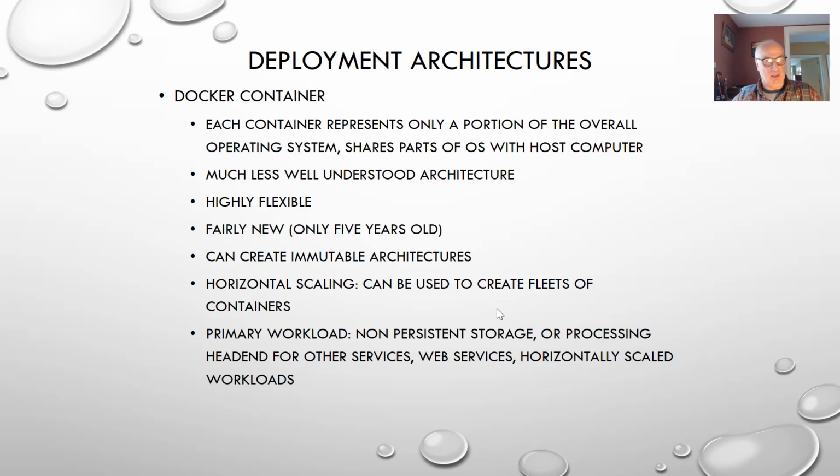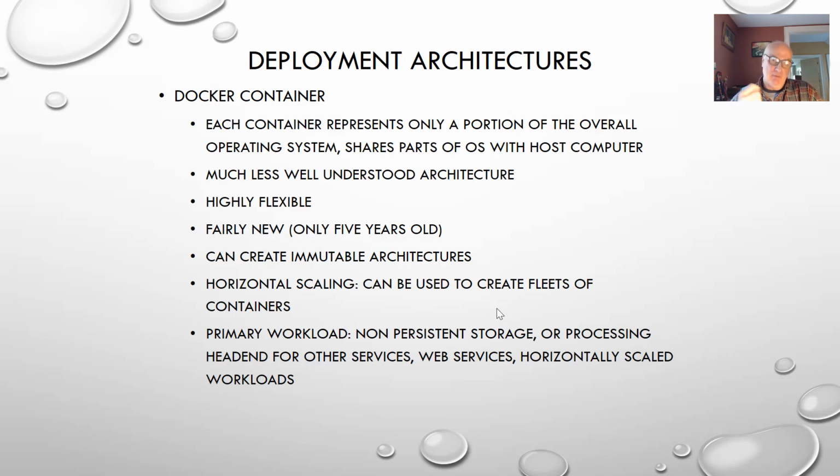So back to our network stack again. That network stack is shared by all of the containers on a Docker server. Each one of the containers that run on that Docker server doesn't have its own network operating stack.